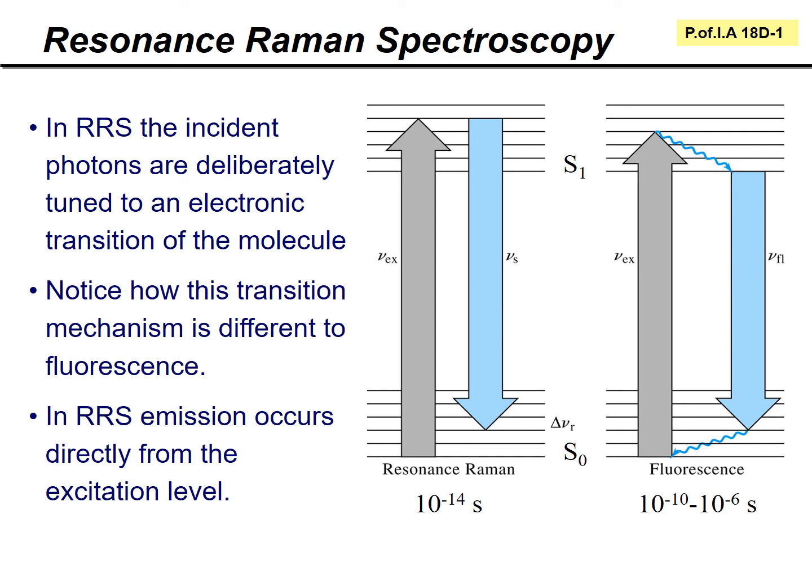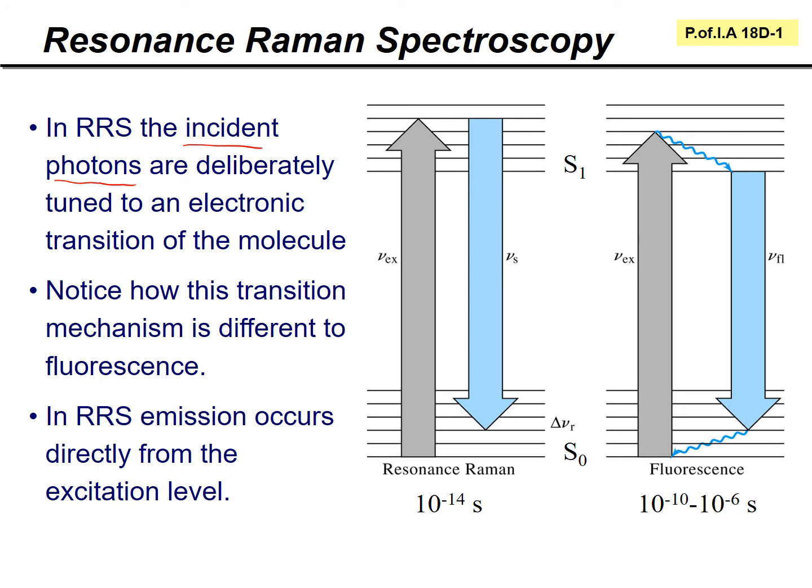So when Raman spectroscopy is done, the incident photons are usually tuned away from electronic transitions, because if you shine incident photons on the sample that correspond to an electronic transition, you're just going to excite the sample and get a whole lot of fluorescence, which is going to completely swamp the Raman signal.